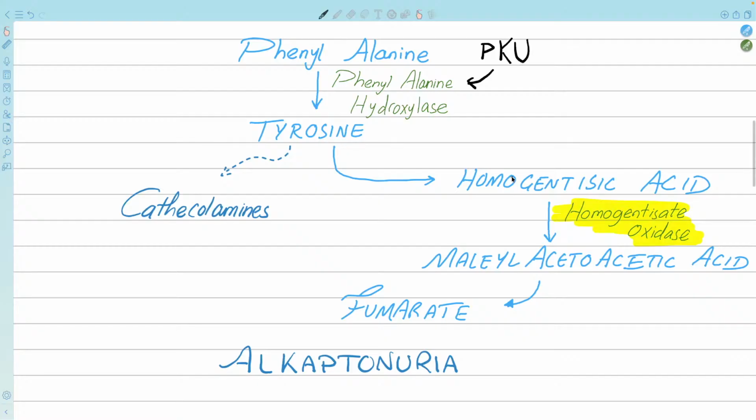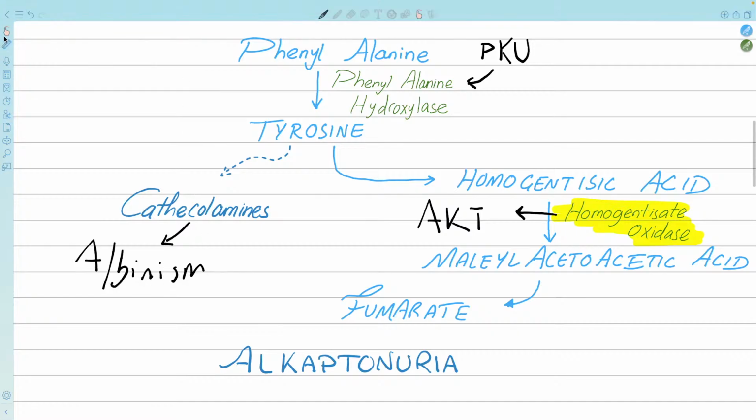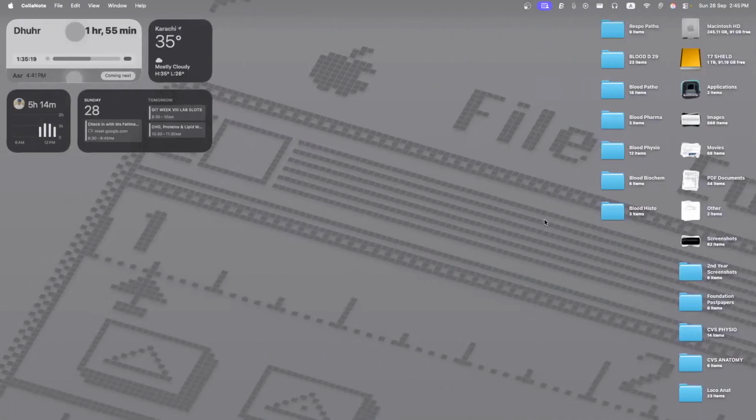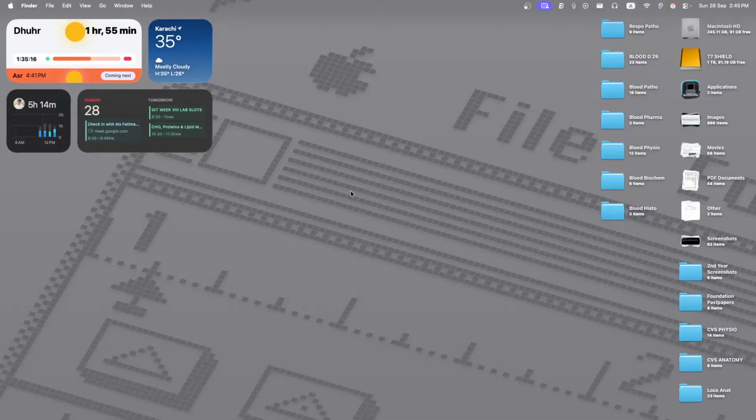And if you have a problem here, you have alkaptonuria, AKU. And in this process, you have albinism if something is messed up.